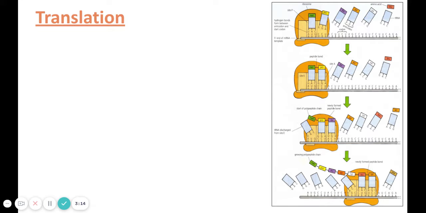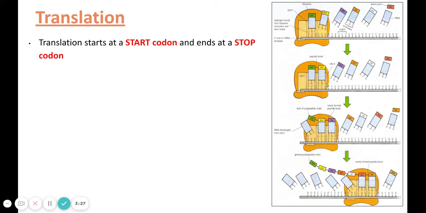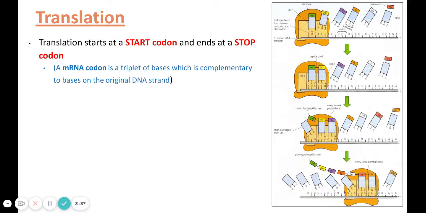And again, the ribosome adds it to the polypeptide chain by using this peptide bond. This continues and continues, so we get this growing polypeptide chain of amino acids held together by peptide bonds. Translation always begins with a start codon, and it will keep happening until you get to a stop codon, which stops translation.